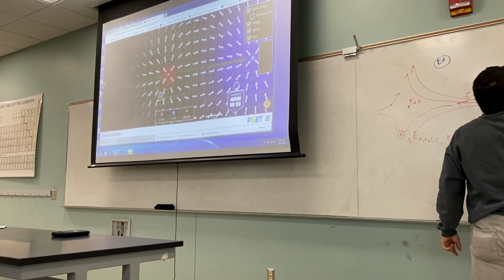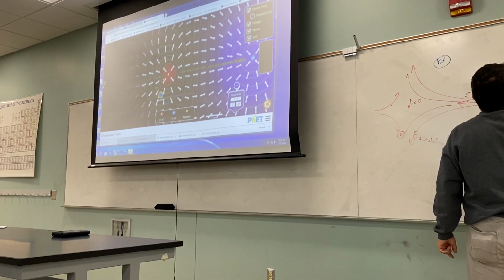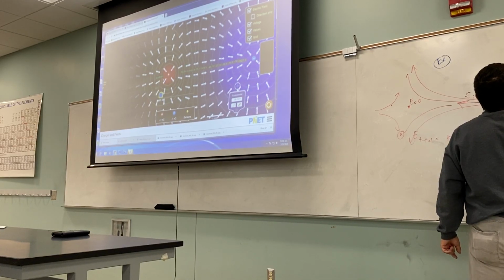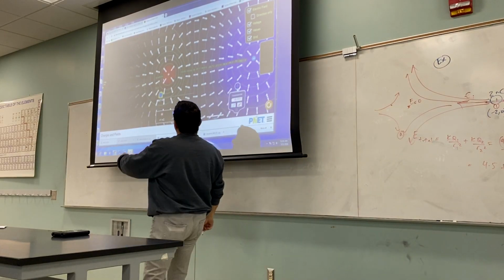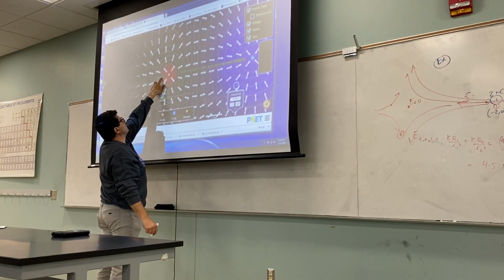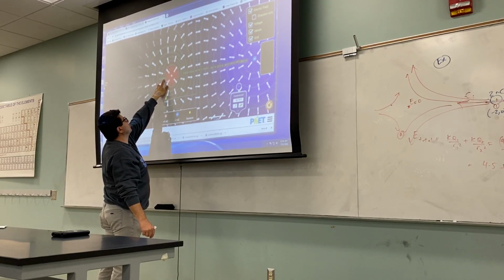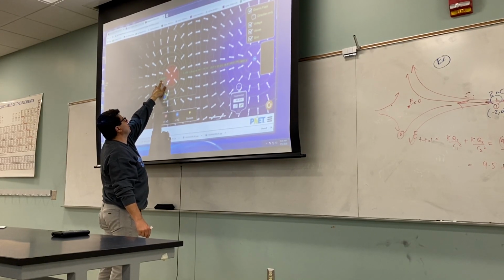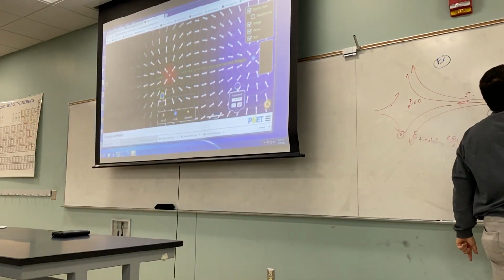Volts per meter or newtons per coulomb. So if I want to find the average electric field, I do change in voltage divided by distance. So between here and here, I do the difference of the voltage, 22.4 minus 12.4. That's gonna give me the average electric field.